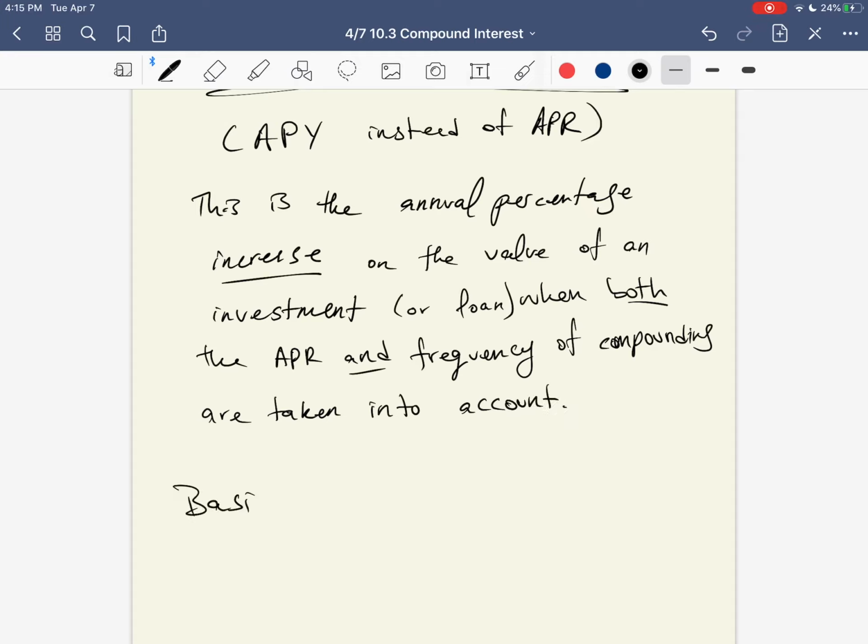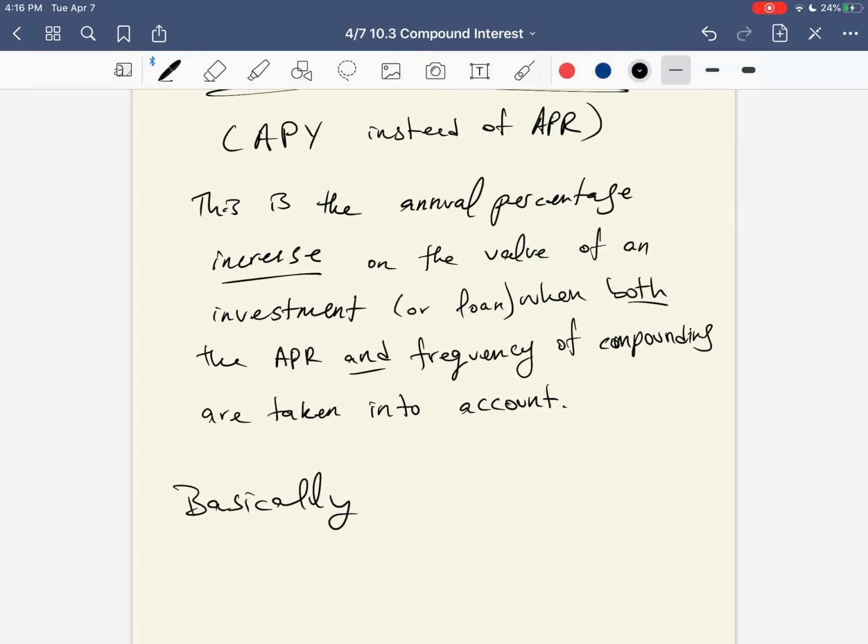Basically, this helps us compare loans. Like, if you had been told you could get a loan that had 4.8% APR and compounded daily, versus a loan with a 4.75% APR which compounded yearly or maybe continuously.